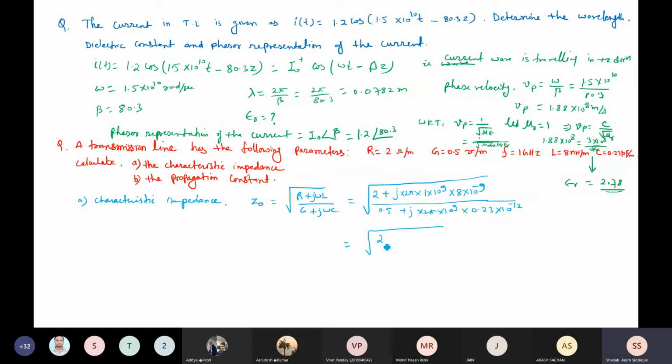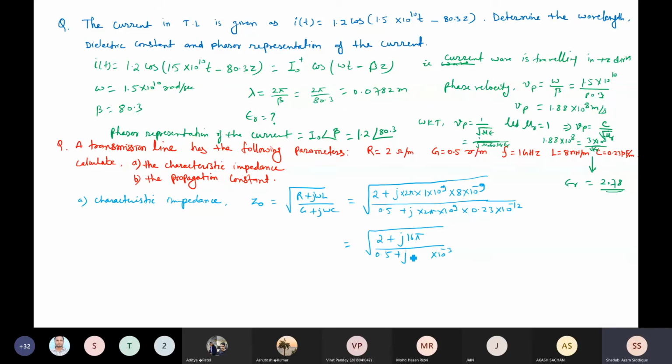This will give you 2 plus j 16 pi, divided by 0.5 plus j 0.46 pi into 10 to the power minus 3, since 23 twos are 46.